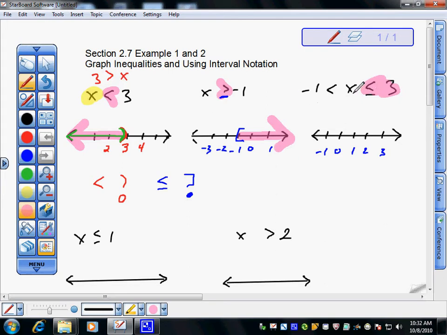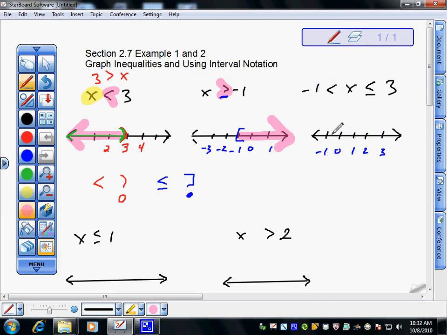This is saying that x is greater than -1. So that's establishing going this way. And then if I cover this up and focus on this, it's going to establish x is less than 3. So I'm going to be coloring this way.